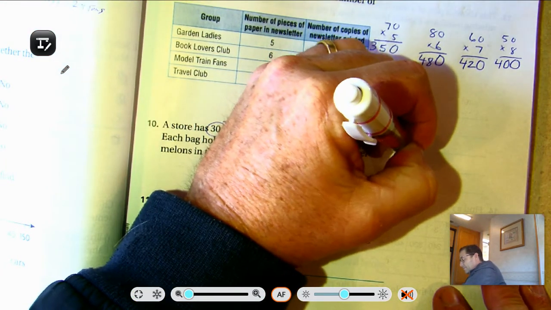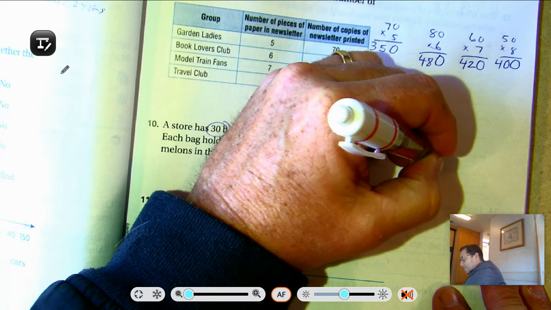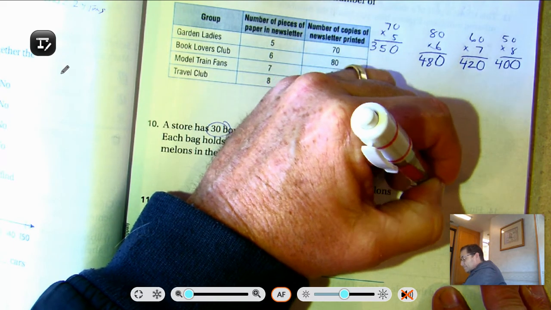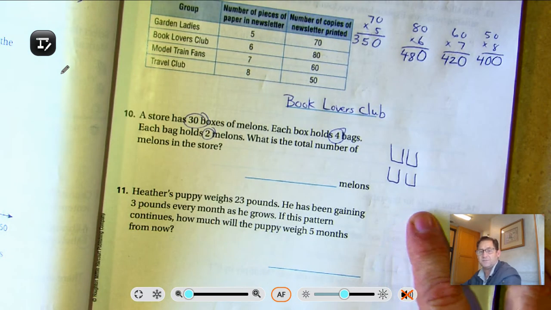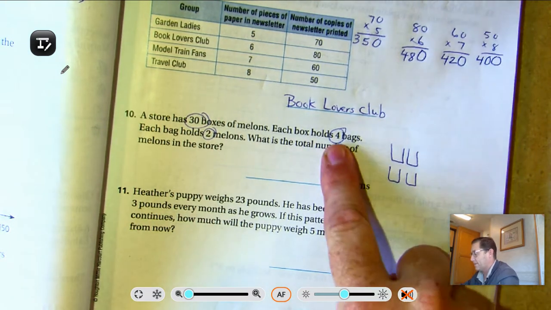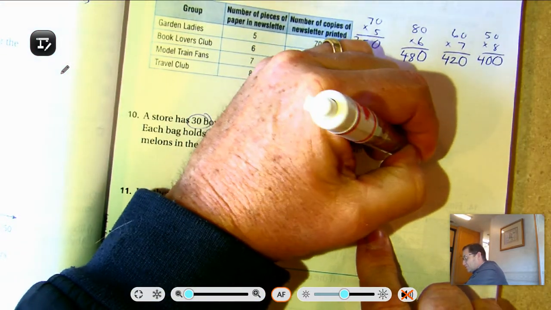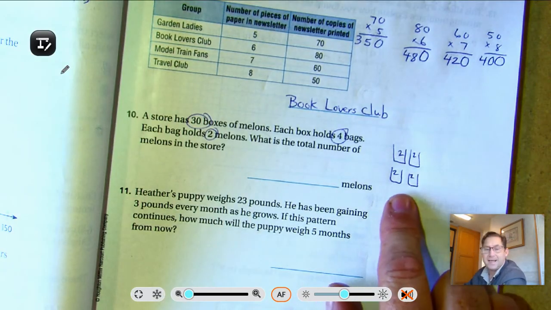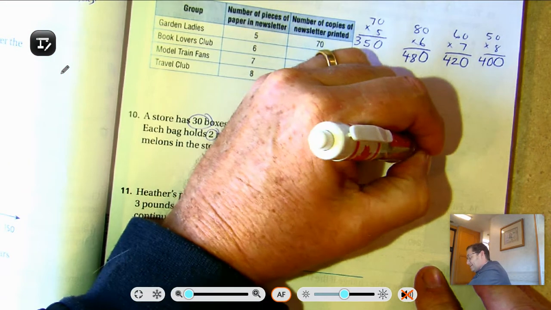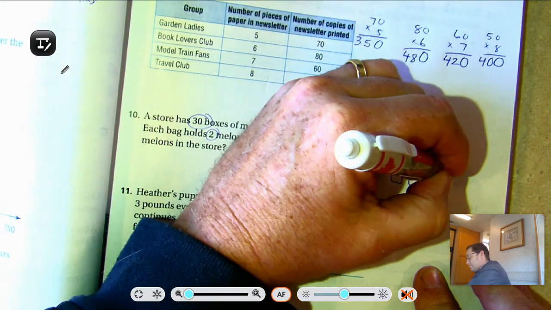So let's represent how much is in each box. So each box, these are my 4 bags. Each bag has 2 melons. So each box has 8 melons.